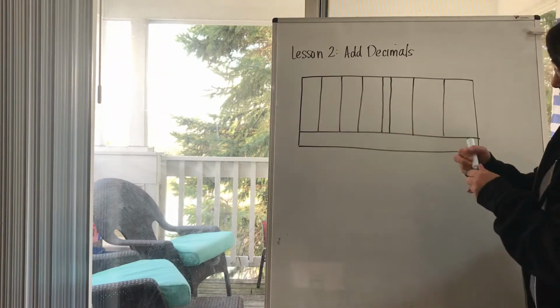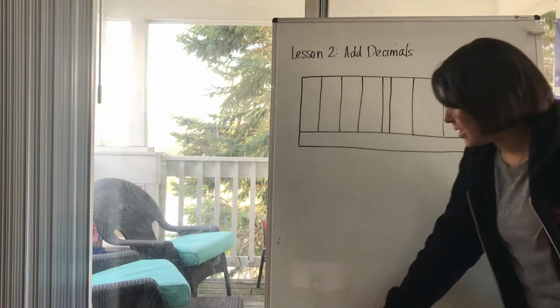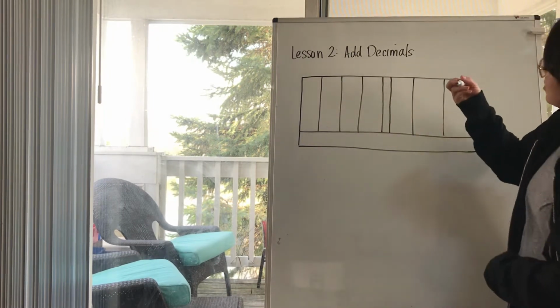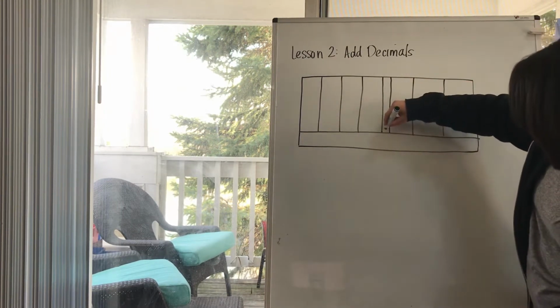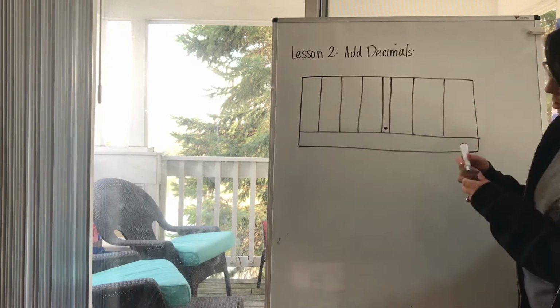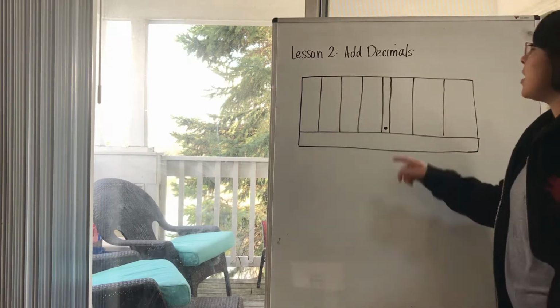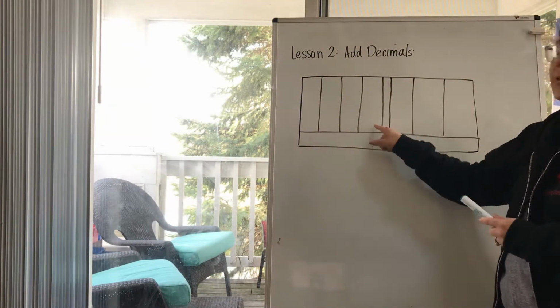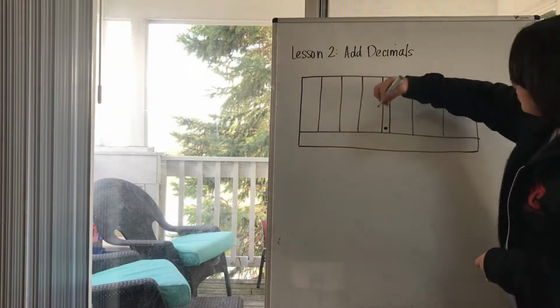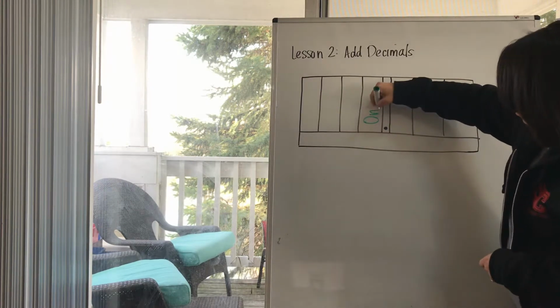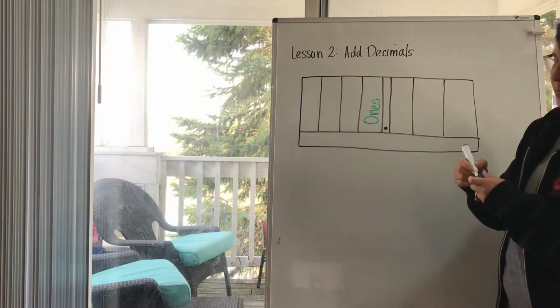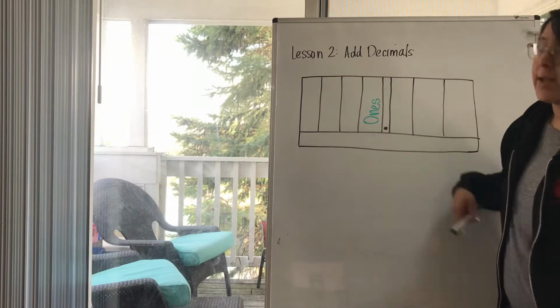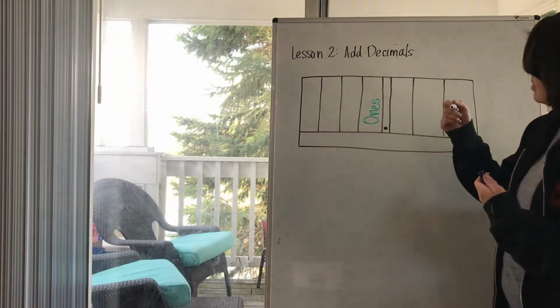Okay. So first thing we're going to do is draw our decimal here. This is this little skinny part. This is where our decimal is going to be at. Okay? All right. So what is that place value right next to the decimal on the left side? This is your ones place. Ones. Okay? Next one is going to be your tens.